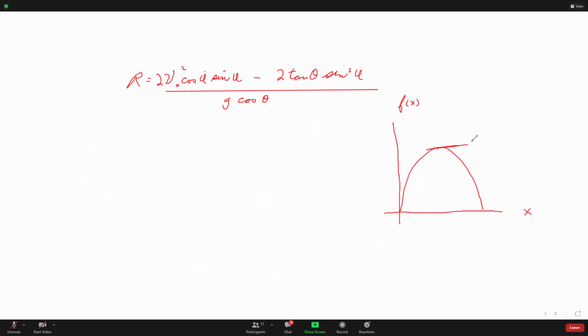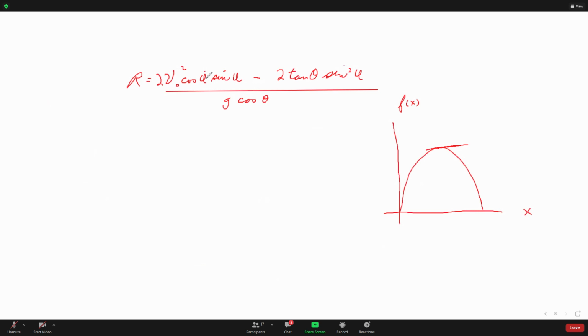Okay. So the first thing you learn in optimization theory for a function of a single variable: if you want to find the local extrema, which could be either a maximum or a minimum, you take the derivative of the function and set it equal to 0. Now, in this case, we have a function R, which is a function of phi, the launch angle.